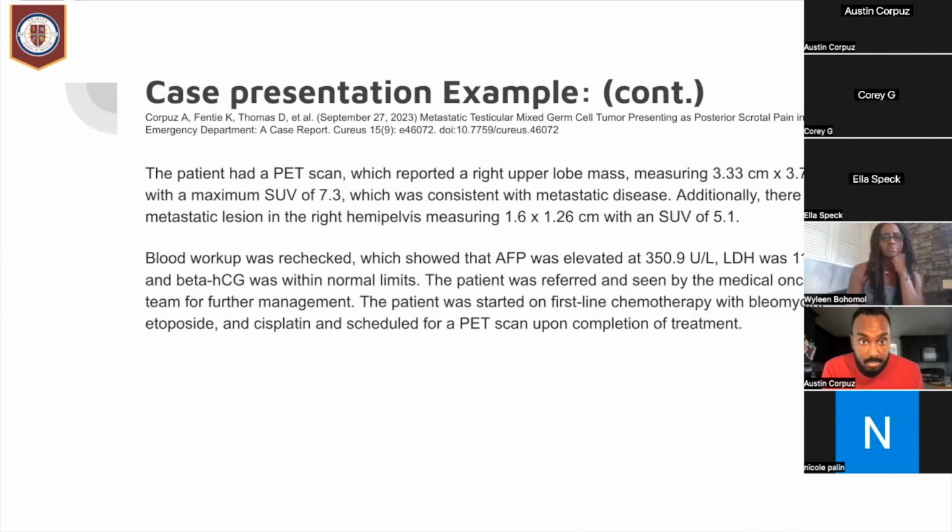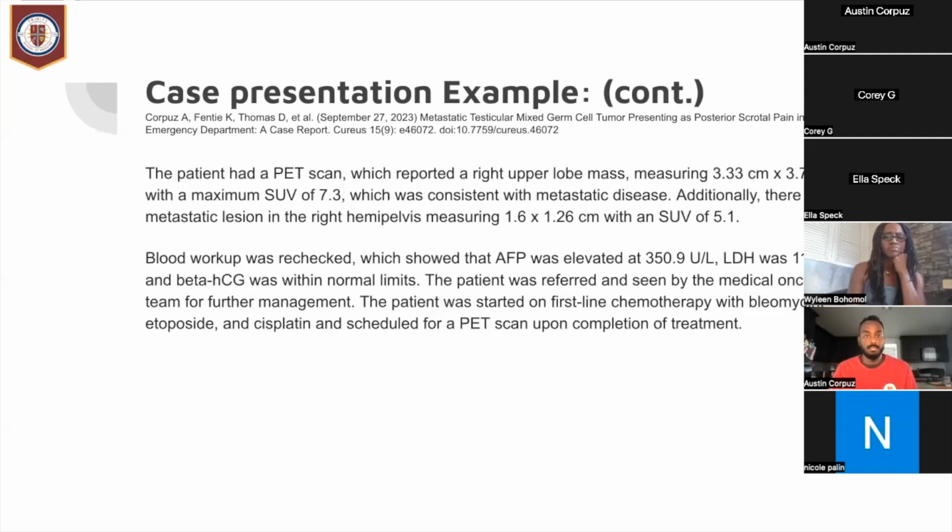The patient was referred and seen by a medical oncology team for further management. The patient was started on first-line chemotherapy with bleomycin, etoposide, and cisplatin, and scheduled for a PET scan upon completion of treatment.